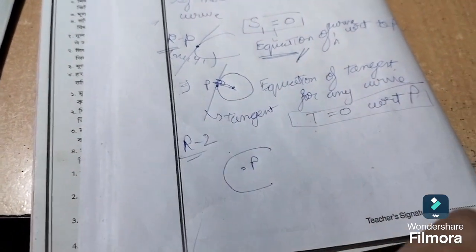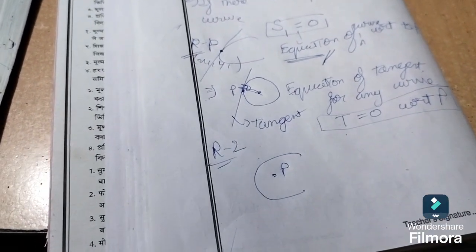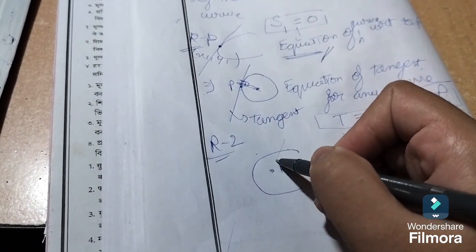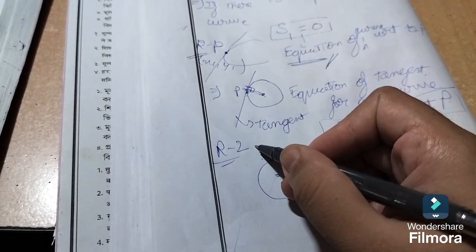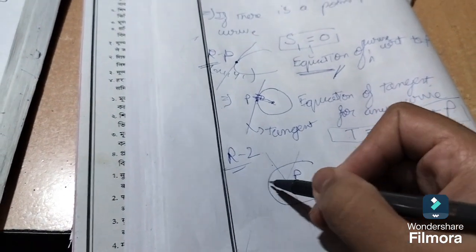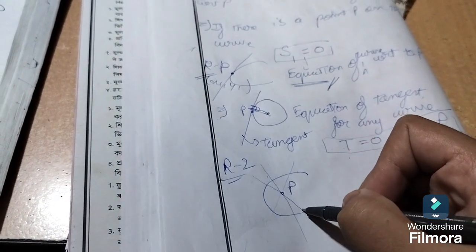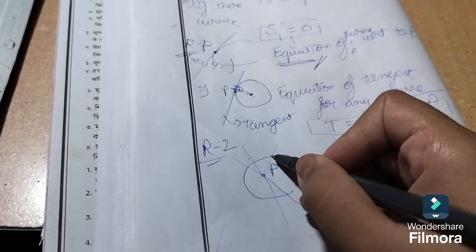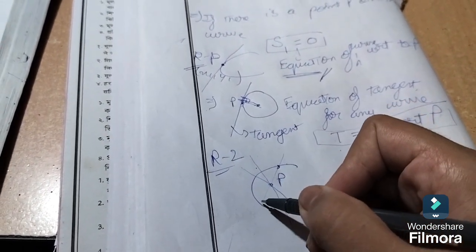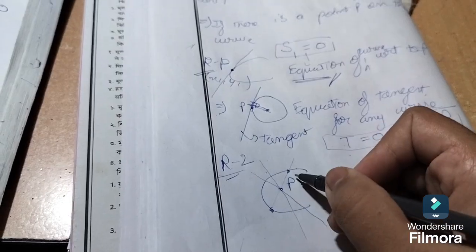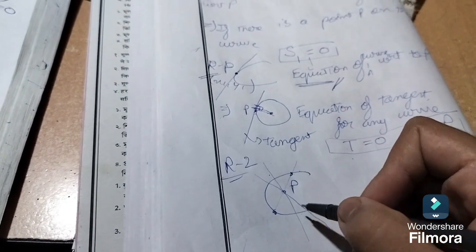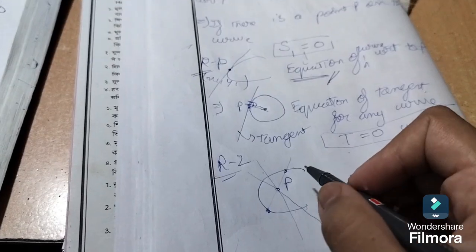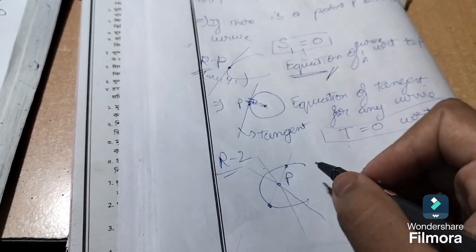Then there are many chords to this. This is a chord, this is a chord. Chord means joining any two points of the curve, right?